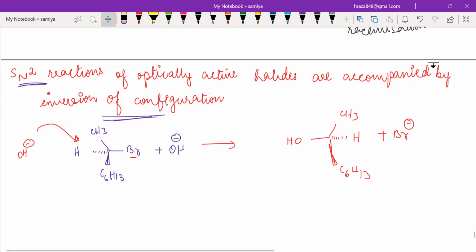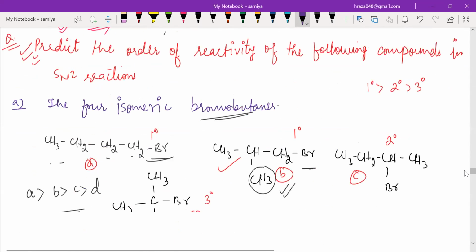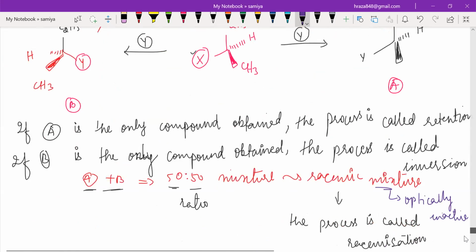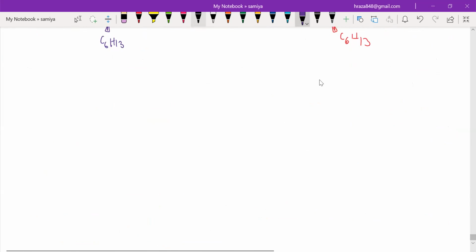So the SN2 mechanism is accompanied by inversion of configuration. The next point, which is very important, is for SN1.